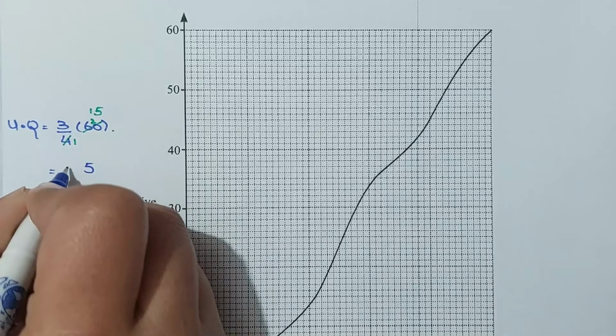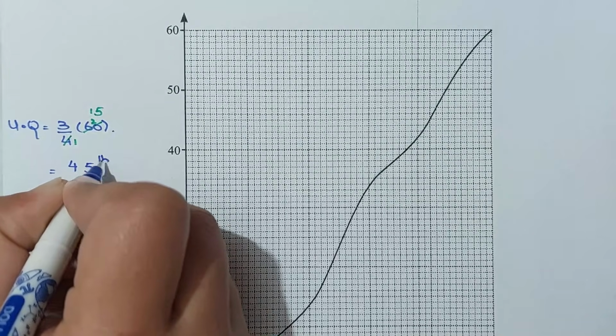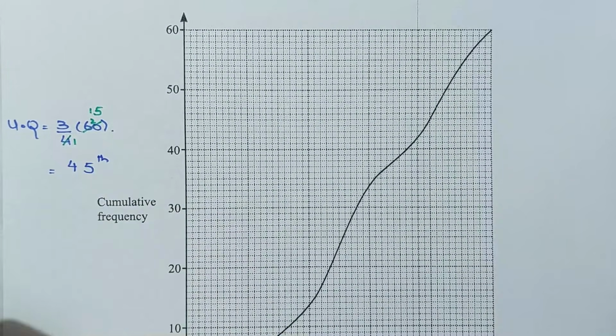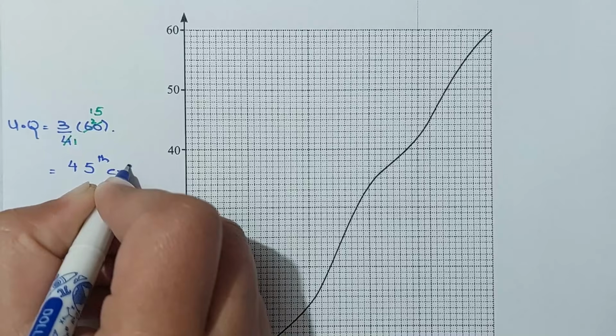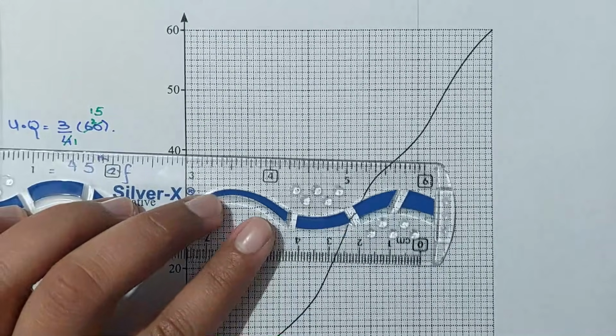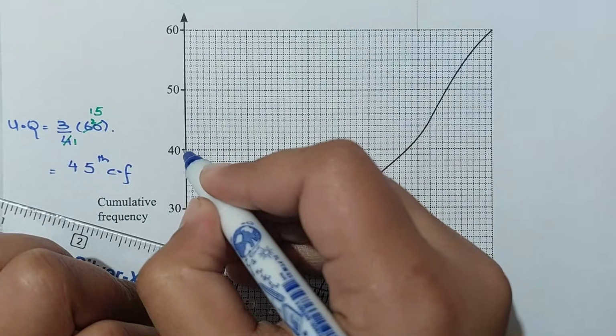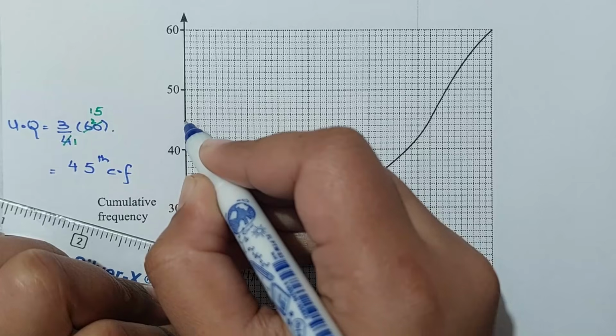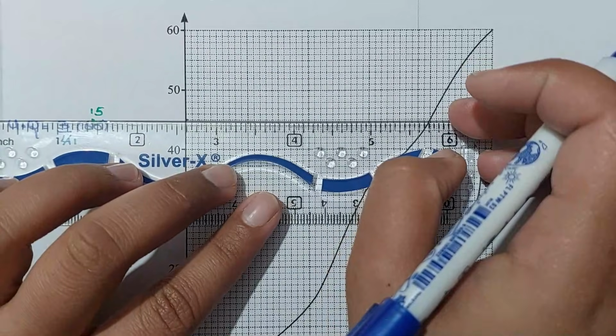So we have to find the 45th cumulative frequency. Okay, so where is 45 cumulative frequency according to the diagram? This is 40, 41, 42, 43, 44 and 45.